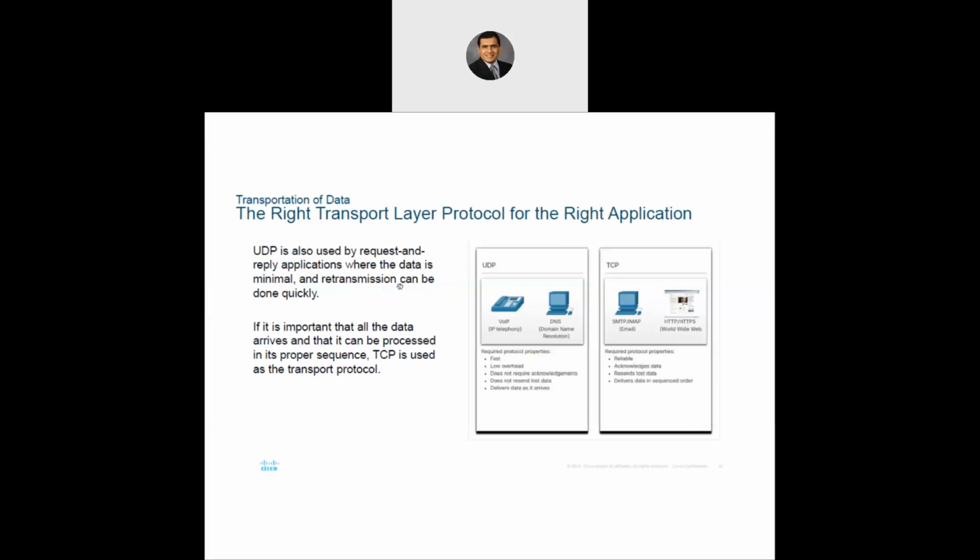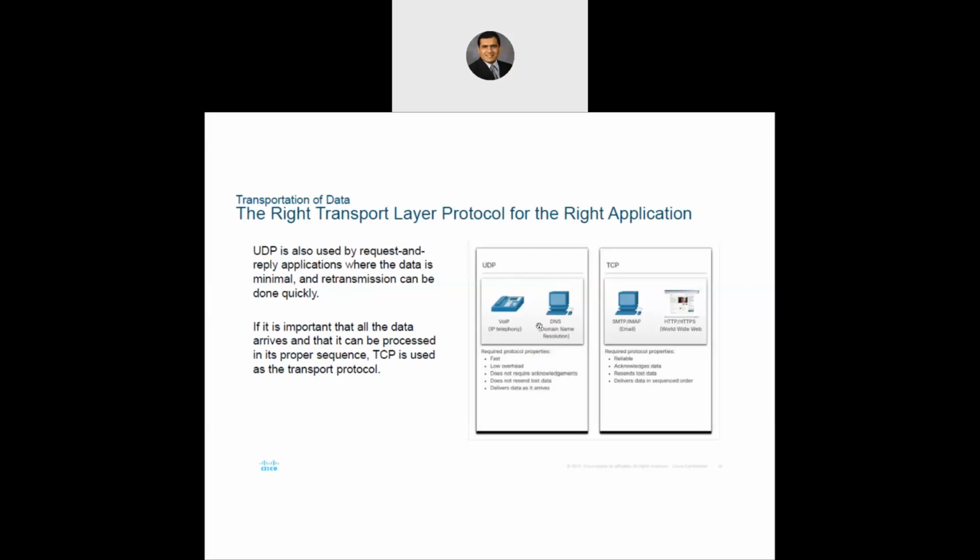Example of some of the applications using UDP is voice over IP telephone, like we use at Curtin, and our domain name system, where we don't have to type and remember IP addresses. Rather, we type www.google.com.